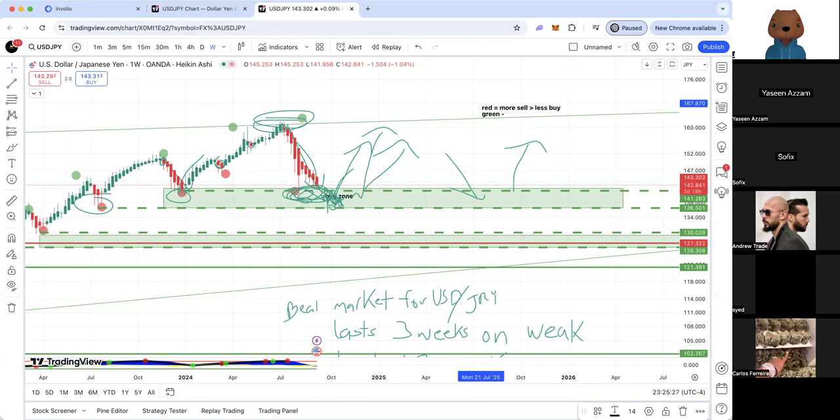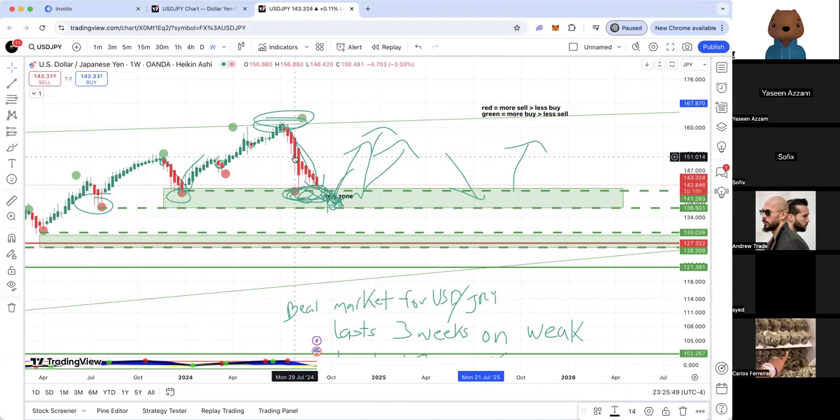Green means more buy, less sell. Very, very simple. It doesn't mean anything else. Red means more sell than buy. Green means more buy than sell.